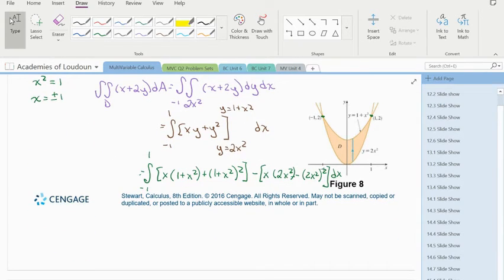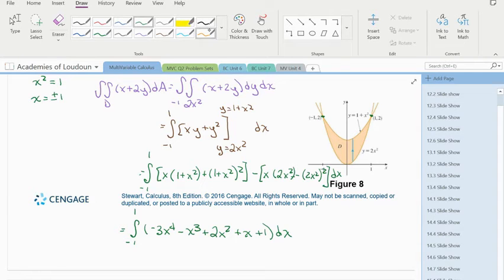So as we continue to simplify this, this becomes the integral from -1 to 1 of -3x to the 4th minus x cubed plus 2x squared plus x plus 1 dx.